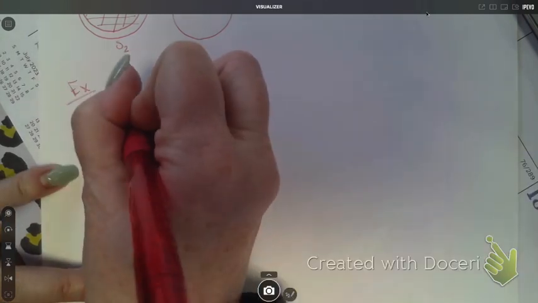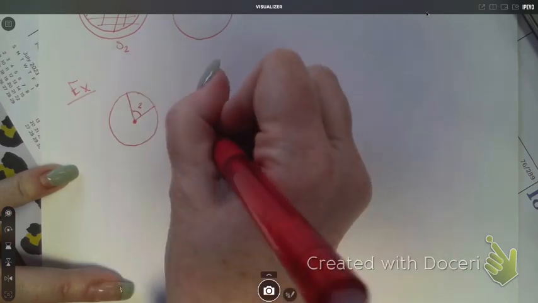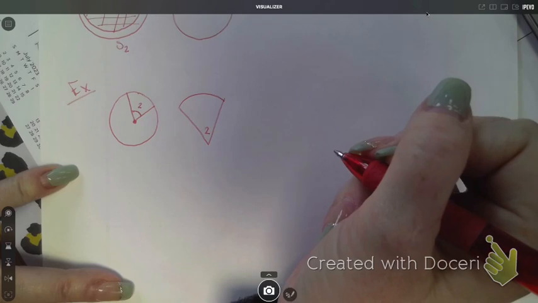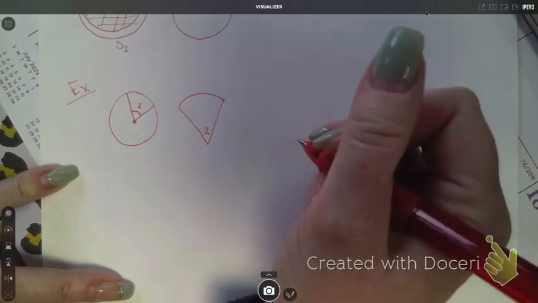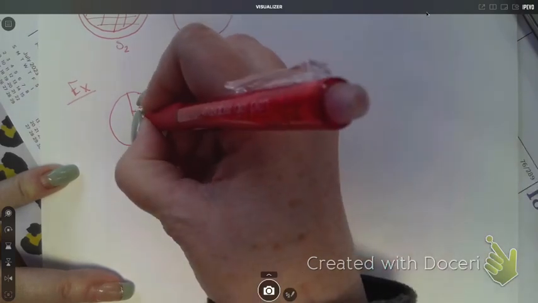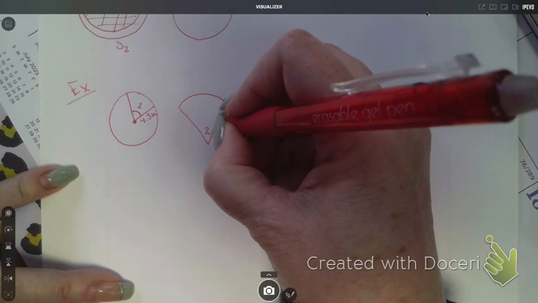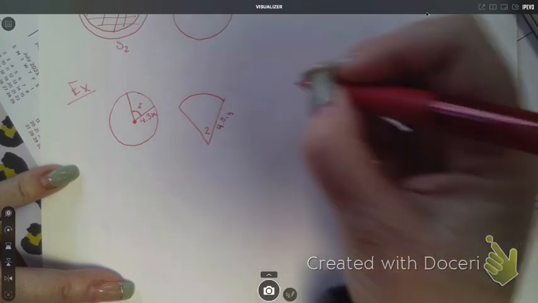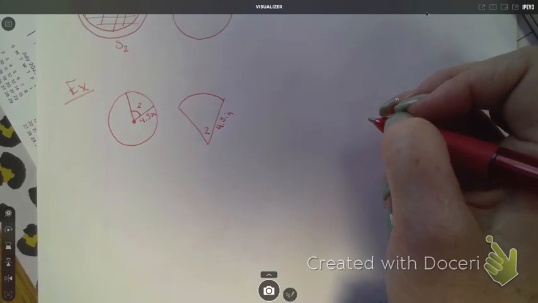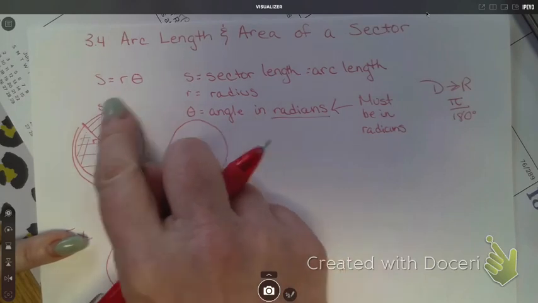Okay, so it told me that the central angle is 2 radians. So where's that? Right there. So that's 2. And it says that the radius is 4.3 inches. So 4.3 inches and 4.3 inches. So what am I looking for? S, R, or theta? S. Can I move this around to make it R?